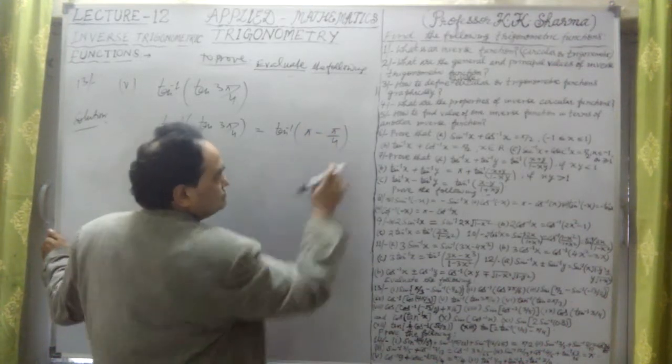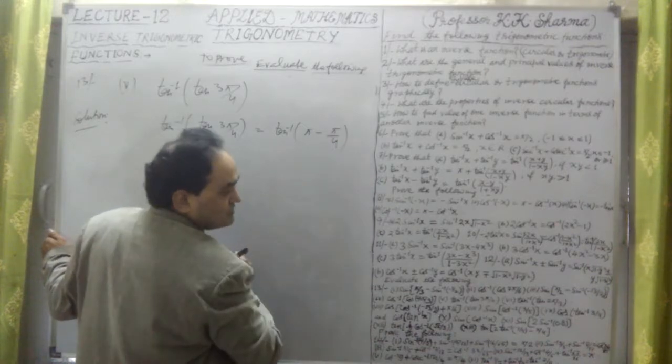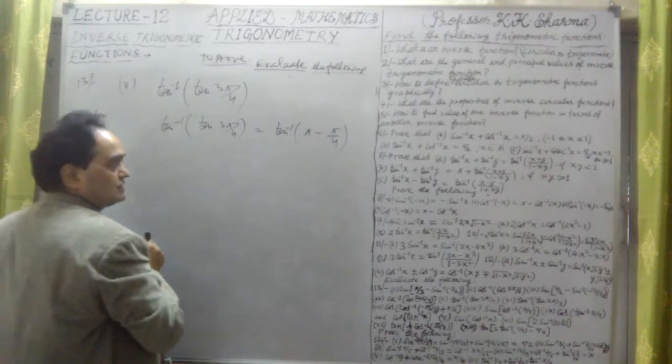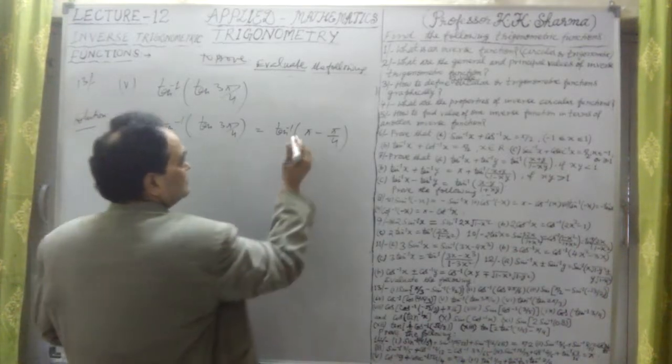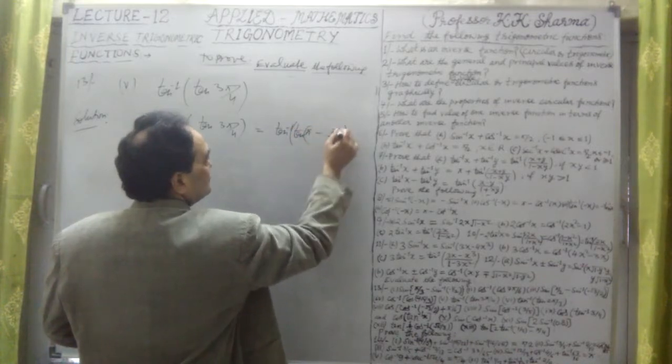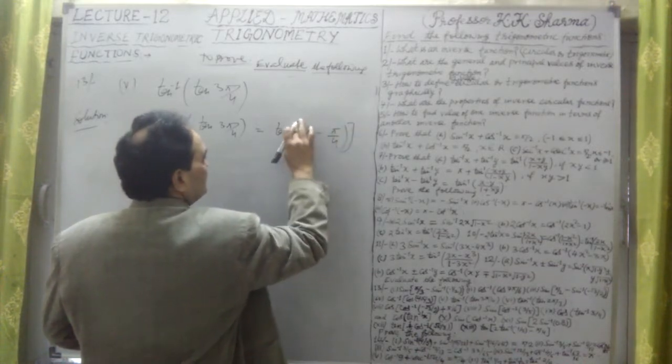No problem. What is pi minus pi by 4? That means 4 pi minus pi, 3 pi by 4. It will give us now tan of minus theta. Sorry, what I am writing here. This is tan of this whole in the bracket. I am sorry.